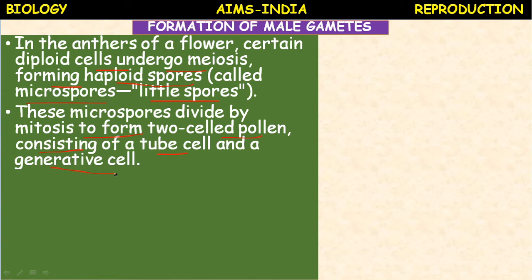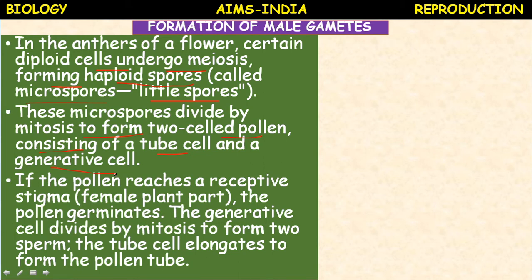Next, a pollen grain. Actually, if you take the pollen or male gamete, it is the first cell of the male gametophyte. The size of the nucleus increases and it divides mitotically to produce a bigger cell, called the vegetative cell or tube cell, and a smaller cell, called the generative cell.